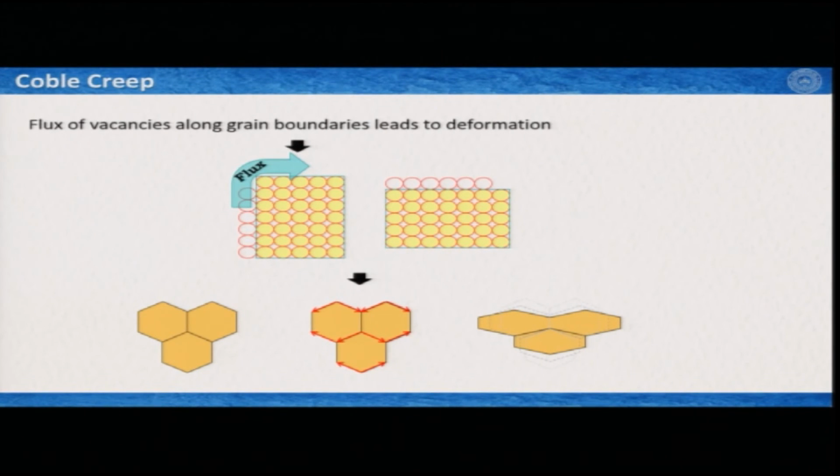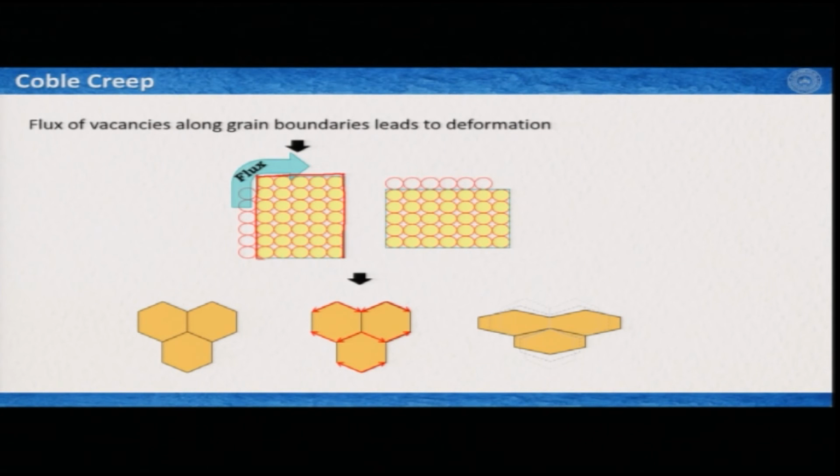Now, in Coble creep, instead of moving these atoms or vacancies through the crystals, they move along the boundary of the grain, and it does not matter how they are moving, we more or less can achieve a similar shape, but the mechanisms are different.